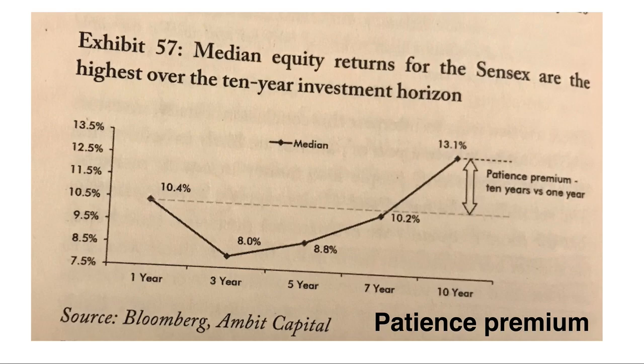As we can see, the investor is not really rewarded much for holding for 1 year, even up till 7 years. The 10% is still the same. So it reduces for the 3 year and 5 year periods. But after the 7 year mark, and especially the 10 year mark, the patience premium is much higher.